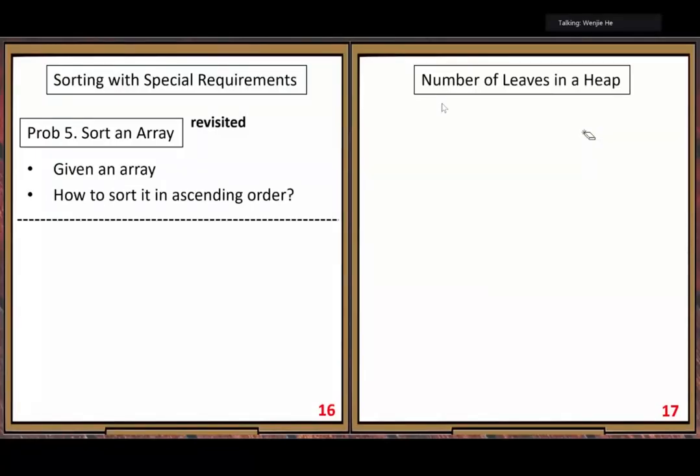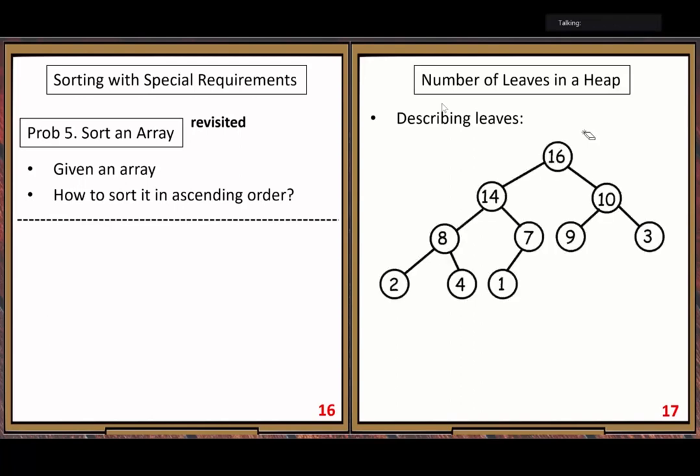First one, number of leaves in a heap. First, we need to understand the concept of a leaf, right? Leaf node, leaves. So let's recall. Look at this heap, this binary tree. Here in this place, some of the nodes do not have any child node.